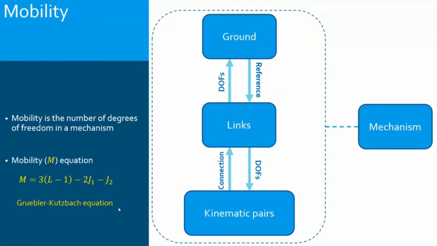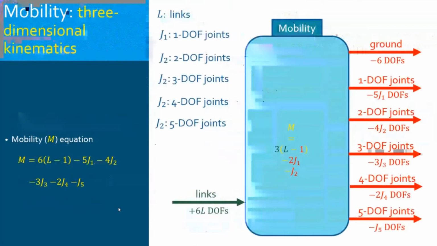I don't want to talk about that, so I prefer distinguishing kinematic pairs as higher and lower. Now, if we follow the same idea, we can also establish the equation of mobility for three-dimensional kinematics.